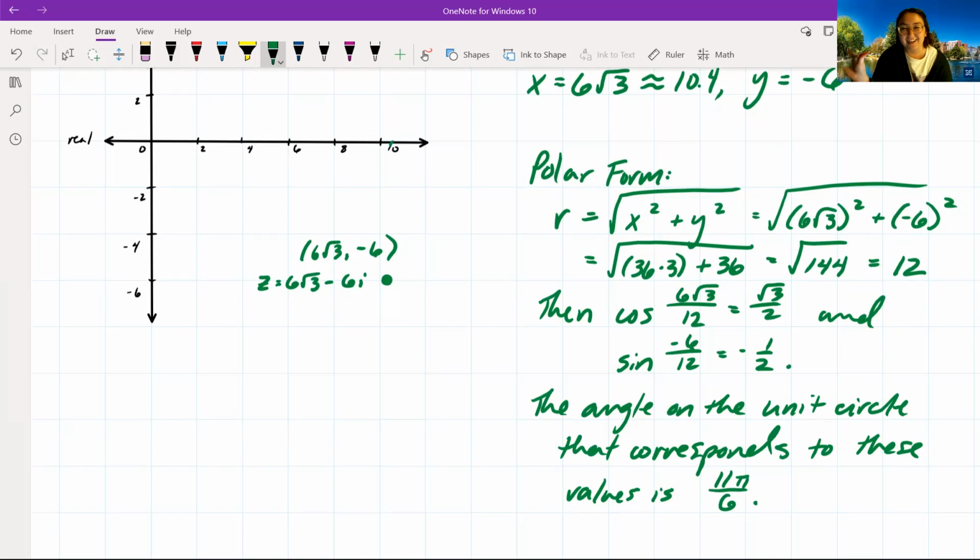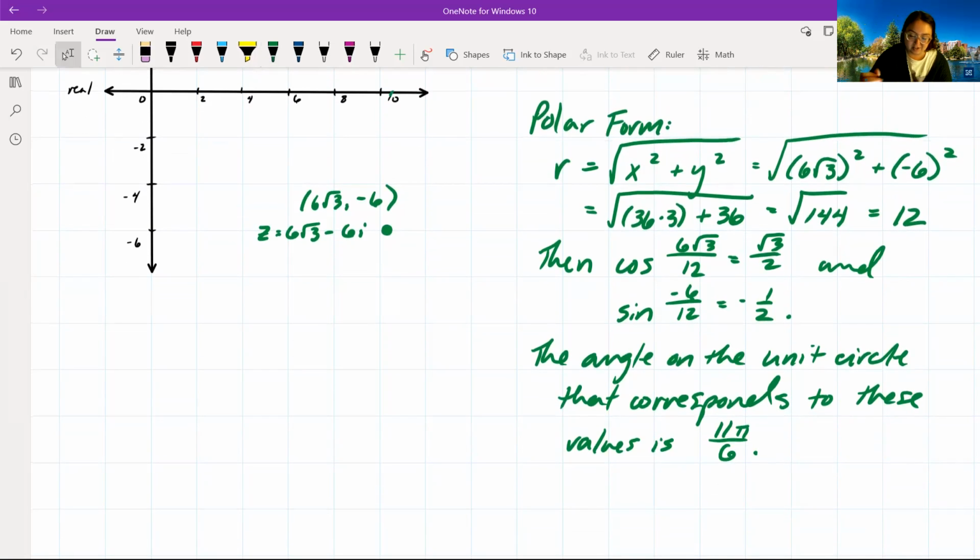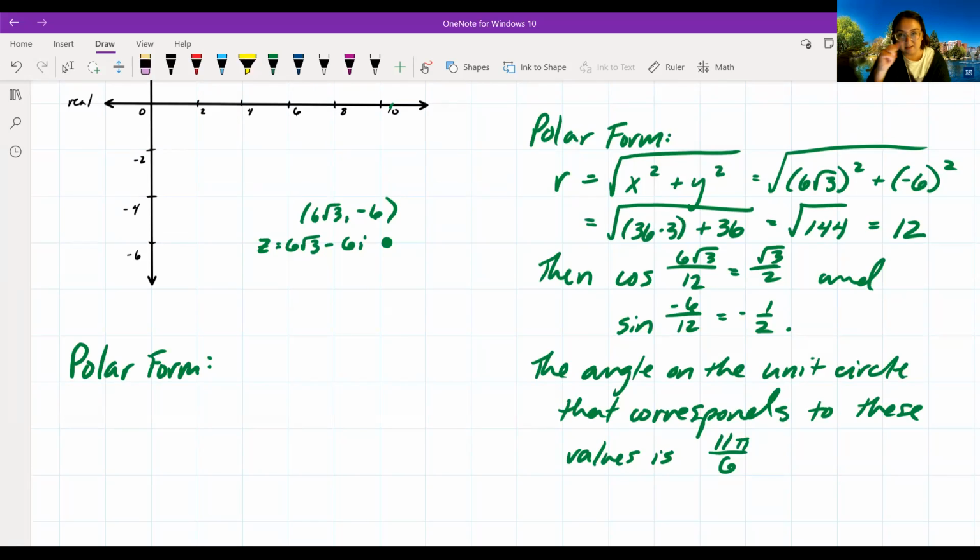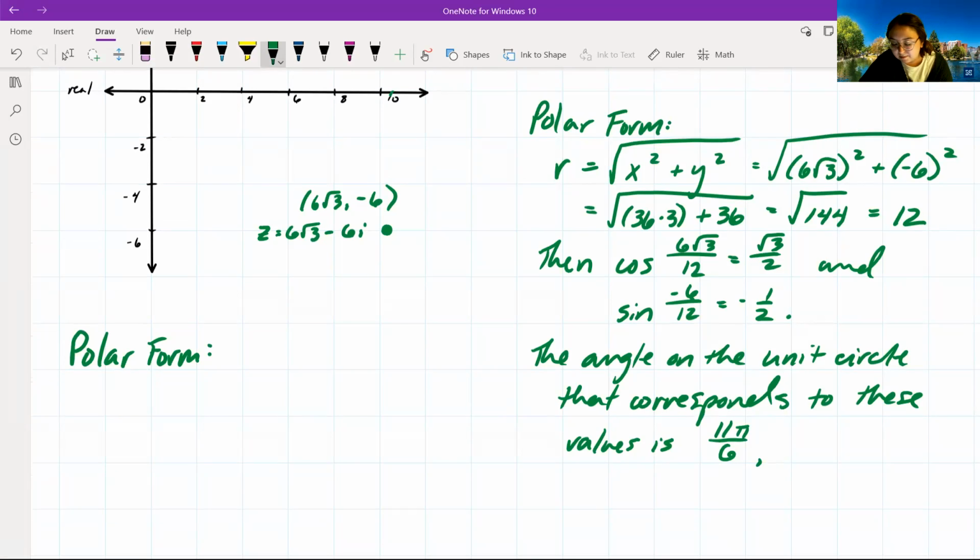We just found everything now to solve for the polar form of our equation here. So once again, we're going to write the polar form. And now when we write out our polar form, we have our value of theta, which is in between 0 and 2 pi. You always want to make sure that that is correct.